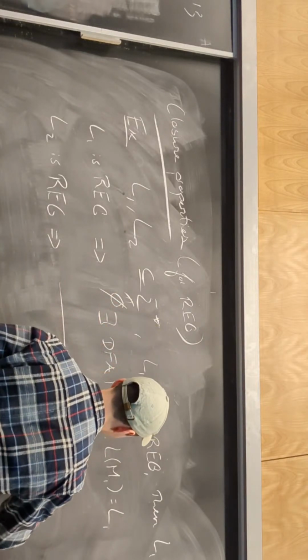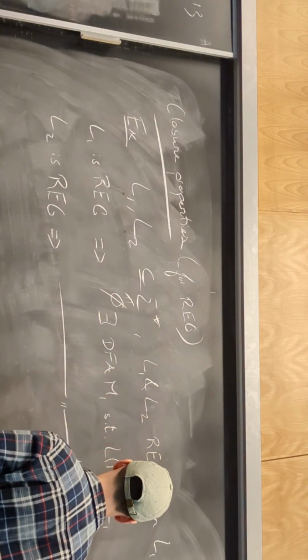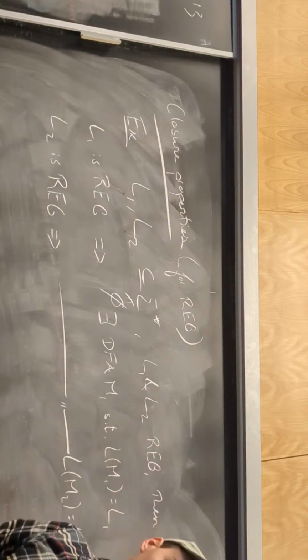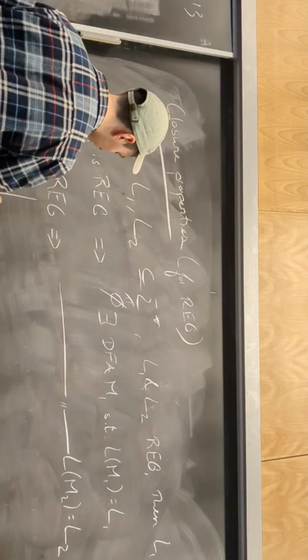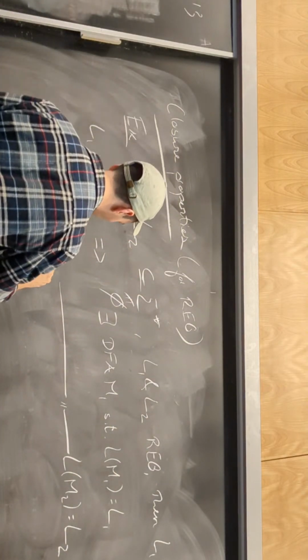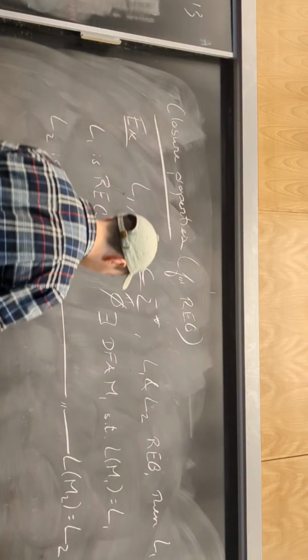And similarly for M2. So I have two DFAs that are able to accept L1 and L2 respectively. I know this by assumption, right? I don't know exactly what the DFAs look like, so let's just use boxes to represent them.